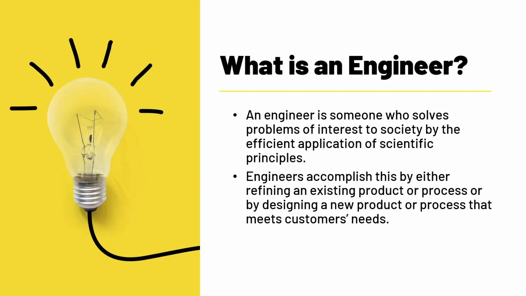As an engineer, we always deal with data. And by using the data existing or the data that will be gathered, we should be able to use them in order to identify the customer's needs and to be able to create and refine products and processes in order to have high quality products and processes.